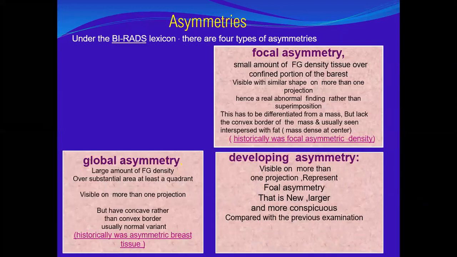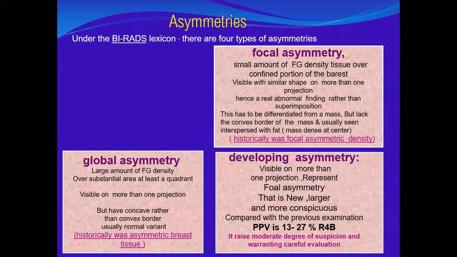While developing asymmetry, visible on more than one projection, represents a focal asymmetry that is new, larger, and more conspicuous compared with the previous mammogram. Its positive predictive value ranges between 13 to 27%, representing BI-RADS 4B.